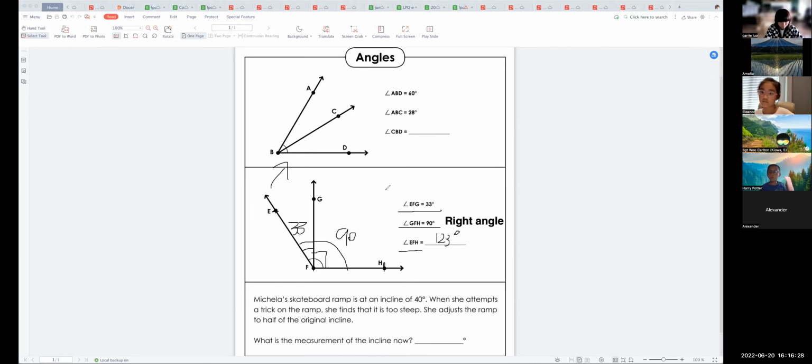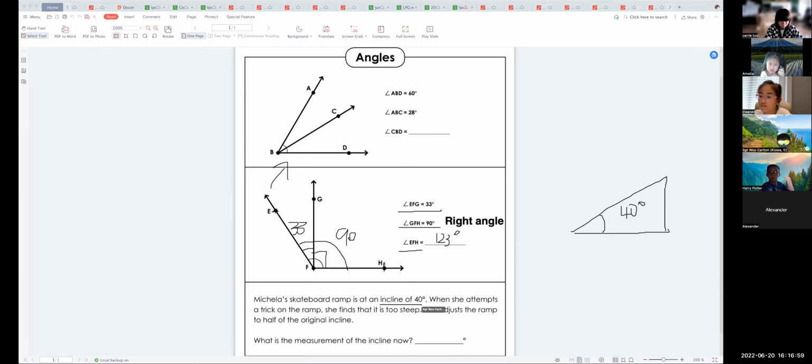Okay. Michelle's skateboard ramp is at an incline of 40. Let's first draw a ramp of sorts. And this angle here is 40. When she attempts a trick on the ramp, she finds that it's too steep, so she adjusts the ramp to half of its original incline. We know that our incline is 40 degrees.